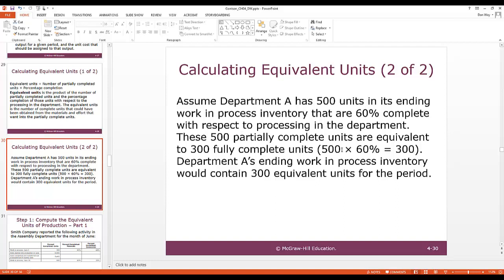So we're saying 500 physical units in ending work in process times the 60% completion rate with respect to processing in Department A means Department A has processed or finished the equivalent of 300 full units. So Department A's ending work in process would contain that 300 equivalent units for the period. And that's how we'd come up with unit costs and assigning costs to those particular units.